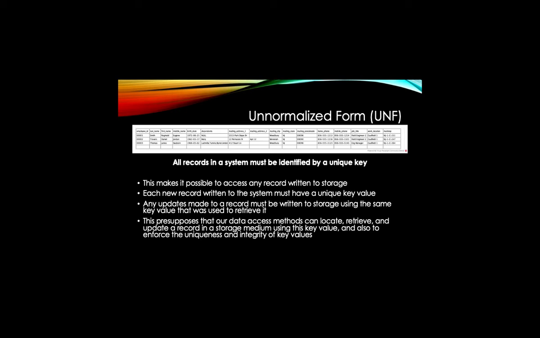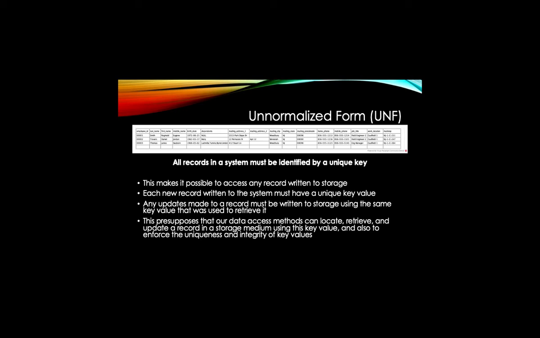So the bit with this is having a key makes it possible to access any record off of storage very quickly and efficiently. Each new record written in the system must have a new unique key value that doesn't exist in the system already.